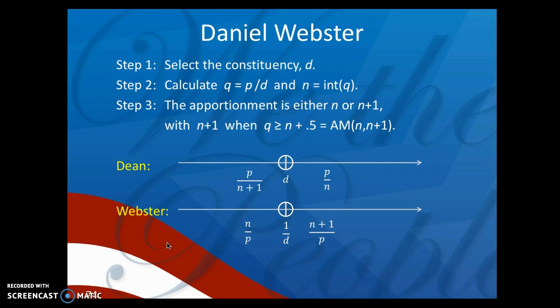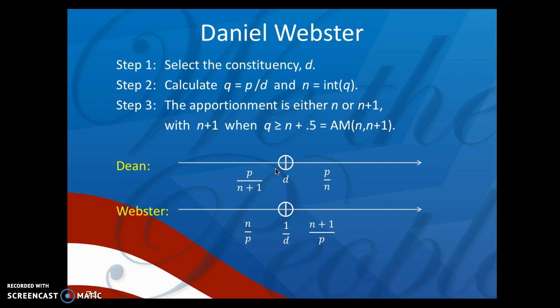So there's, I think, an interesting irony with Daniel Webster versus James Dean's two proposals. For one, James Dean was a math professor, but his proposal that he gave to the Congress at the time was given due to political reasoning.